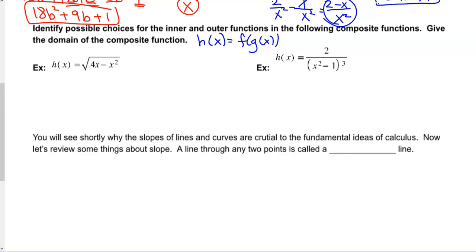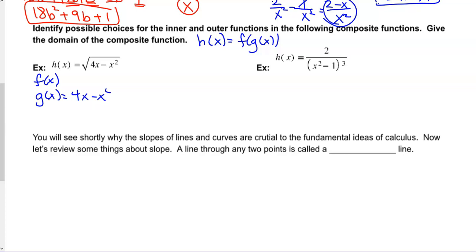When you have a problem like this, focus in on the expressions and let that expression be the inner function, okay? So like if I have this 4x minus x squared and I've placed it underneath that radical, that would mean that I could constitute g of x, let that be the expression, and then f of x, we're going to take that expression out and put back in an x.